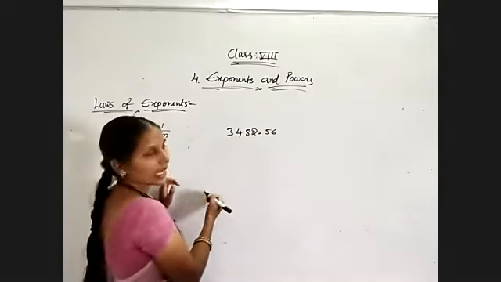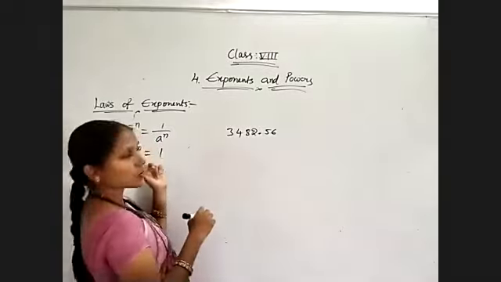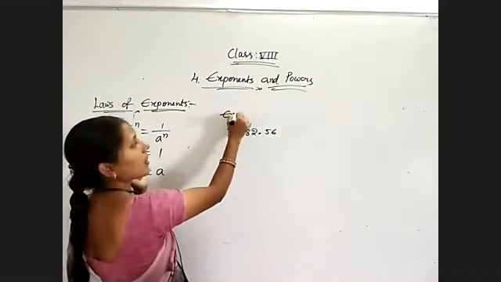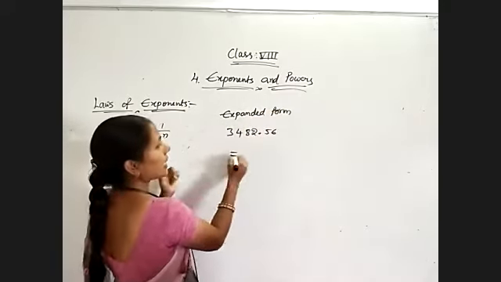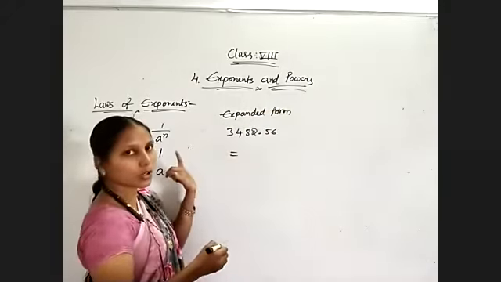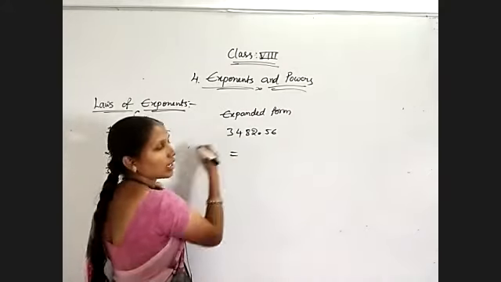3482.56. Like this, I have one of the number. I want to write in the expanded form using the exponent. So while I am writing expanded form using exponent, observe this. First of all, write its original expanded form without using the exponent. What we will get? 3 is before the point, whole number part.